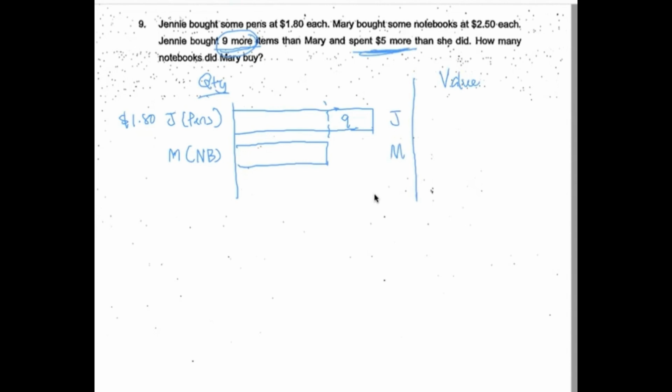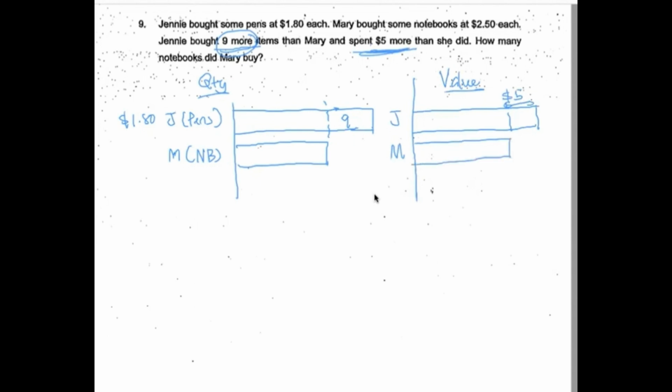So I'm going to draw Jenny spending $5 more than Mary.